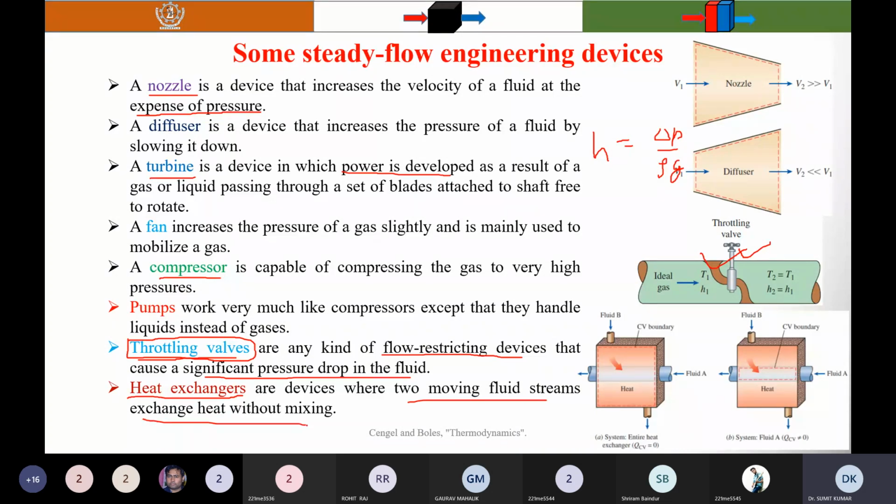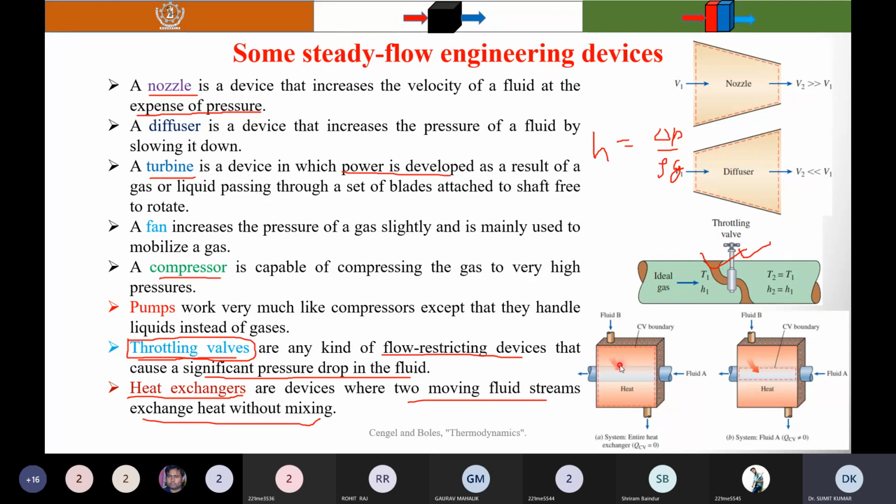What is the meaning? Here one fluid is flowing through one pipe, and another fluid is flowing through another pipe. So here you can see this one, the blue one, there is a fluid A entering from the top. Now I have considered this the control volume. And you know what the mechanism of heat transfer between the two fluids is.